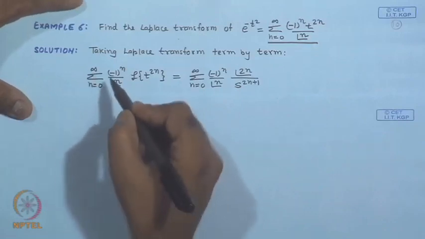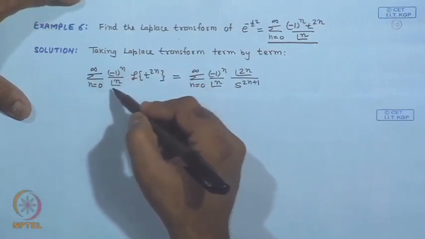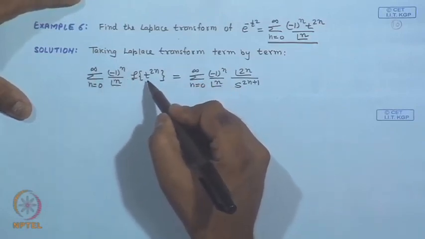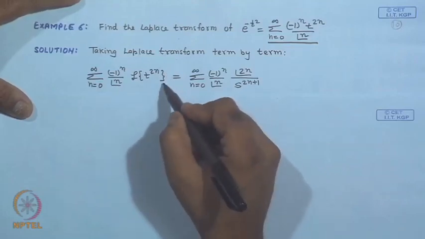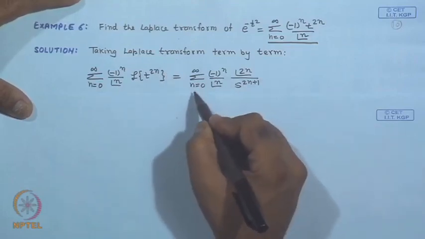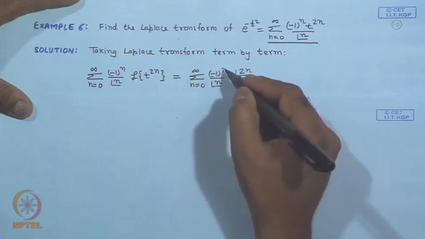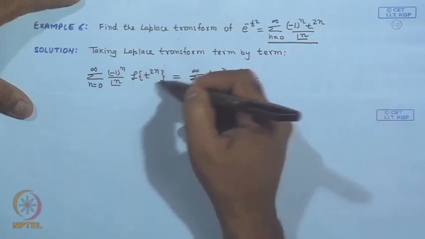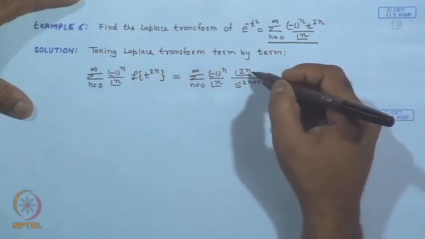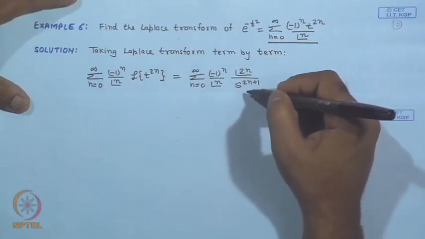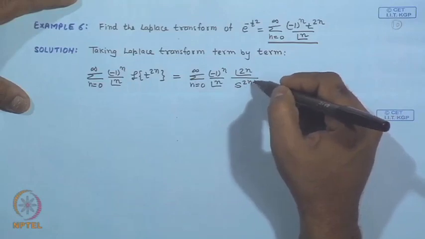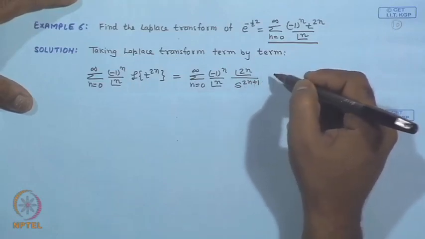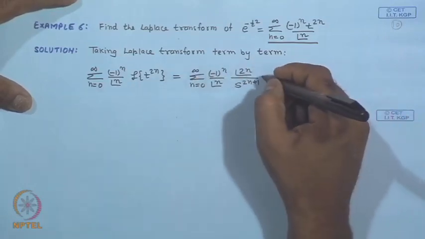So, we have the summation of (-1)^n over factorial n times the Laplace transform of t^(2n). The Laplace transform of t^(2n), we know, is factorial 2n over s^(2n+1).